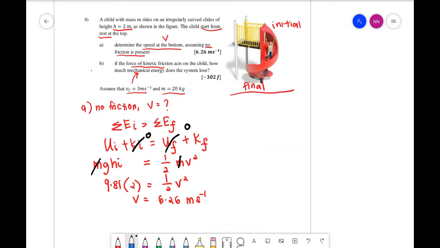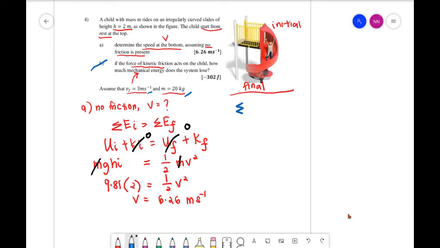Question B. If the force of kinetic friction acts on the child, how much mechanical energy does the system lose? Assume that final velocity is 3 meter per second and mass 20 kg. Untuk soalan B, kita kena apply conservation of energy with dissipative forces.